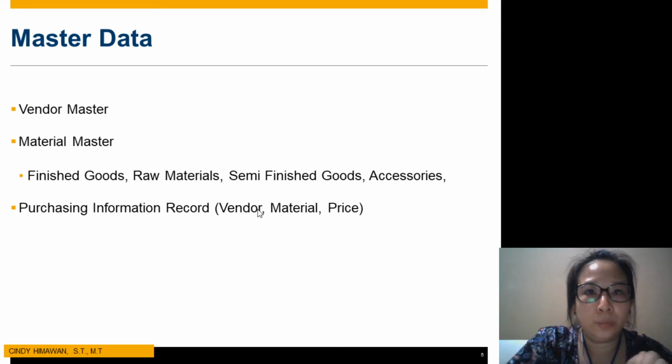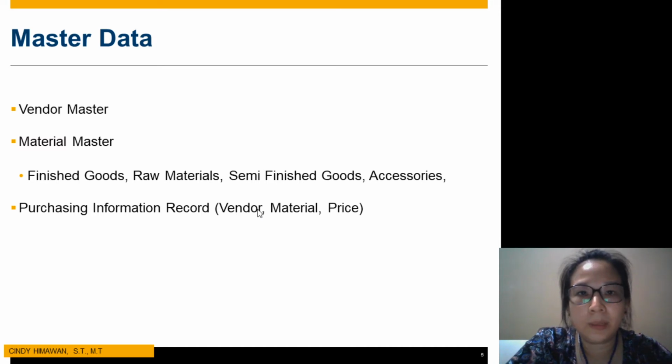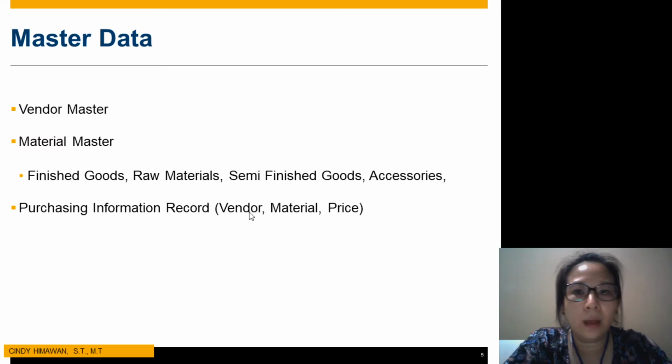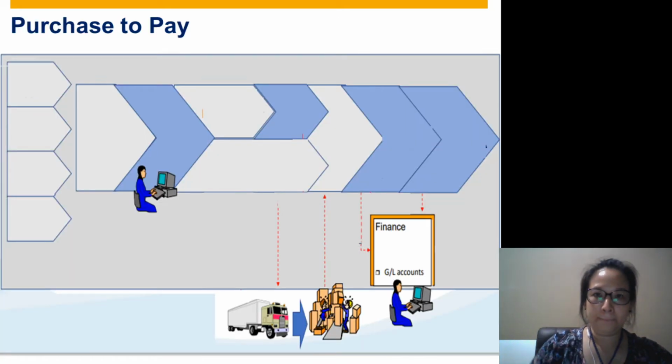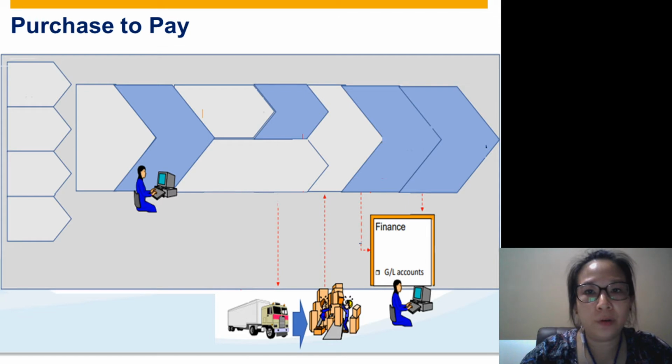That means we need to put in who our vendor is, the material list, the price, the quantity, and so on. Okay, so these are the three main master data that we're going to use in this process. Okay, so let's start the process.